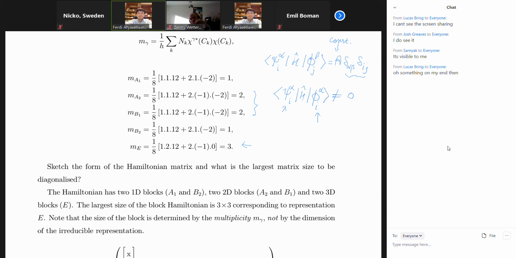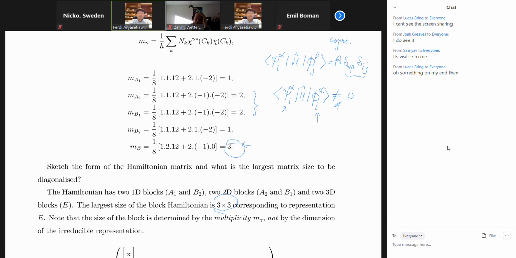They transform according to the same irreducible representation, but they belong to different blocks. So this means that the largest size of the Hamiltonian that has to be diagonalized, that is the non-zero one, is actually 3 by 3, because that's this one here.